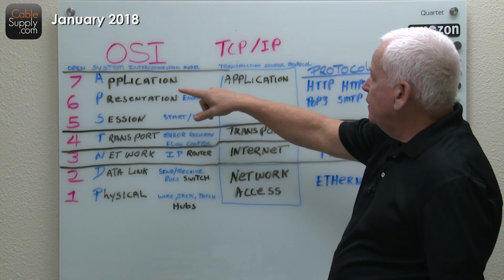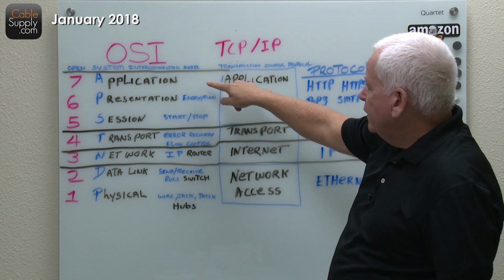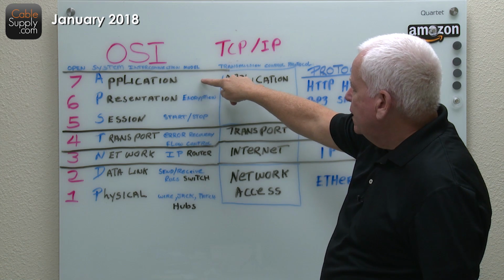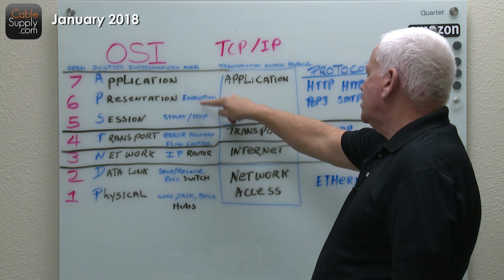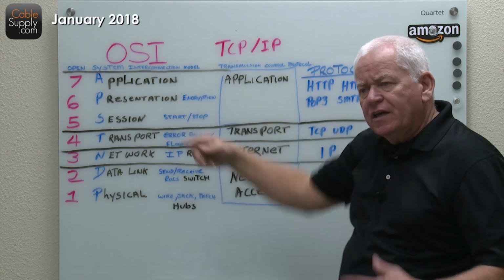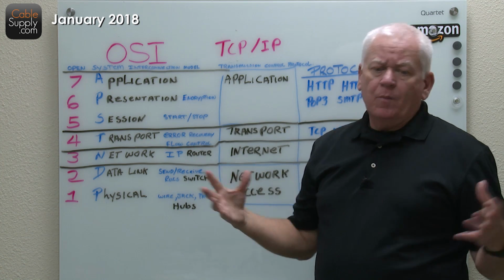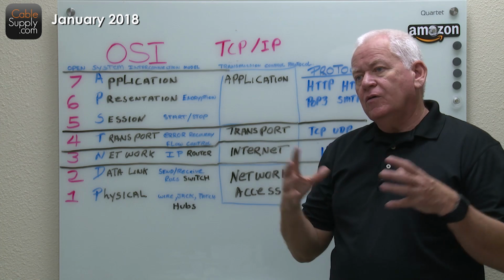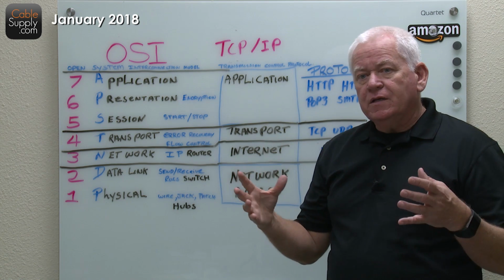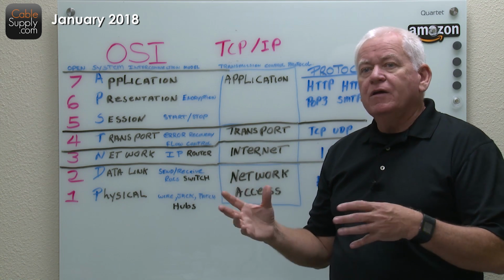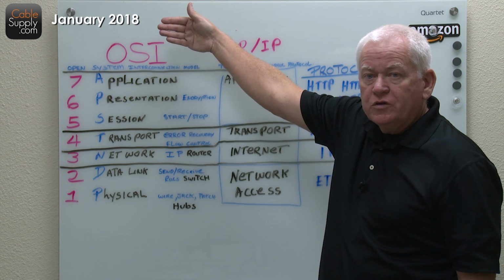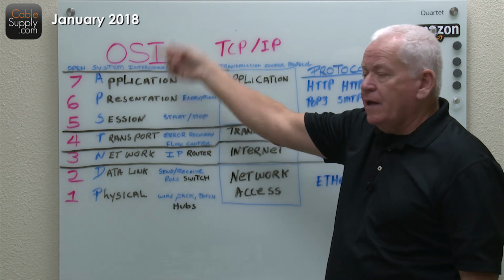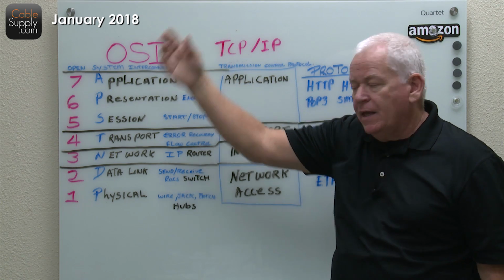This is the Open Systems Interconnection model, and it starts out with application, presentation. Now, application is things like HTTPS. It's not actually your application from Microsoft. If you have a Word document and you're trying to send it to the printer, the Word document is above this, and once you send it to the printer, the application layer picks it up and does it from there.